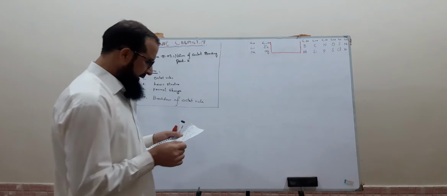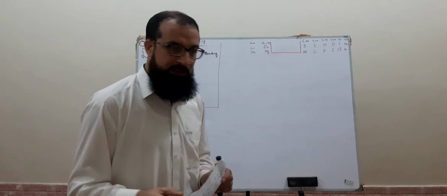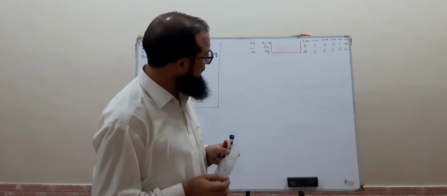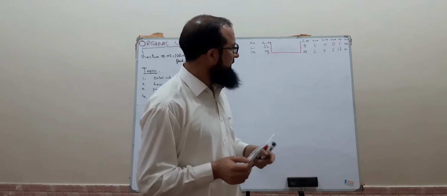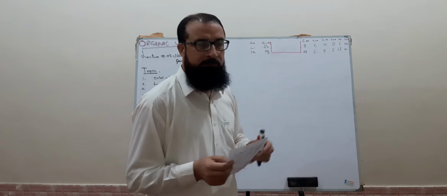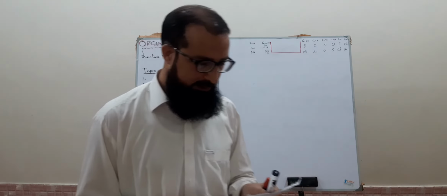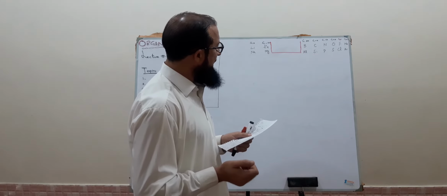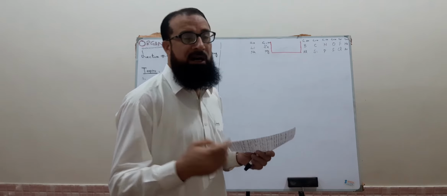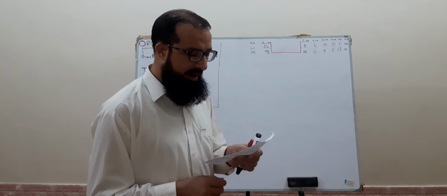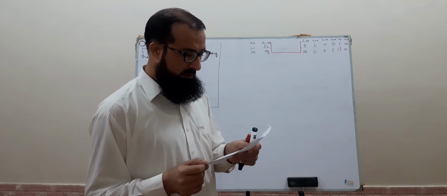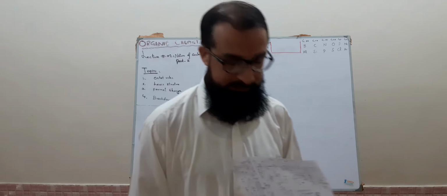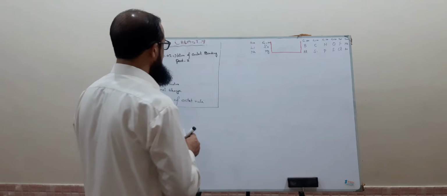As I already told you, hydrogen can form one covalent bond, boron can form 3 covalent bonds, carbon can form 4 covalent bonds. But for atoms with 5 or more valence electrons, how can we calculate the number of covalent bonds?